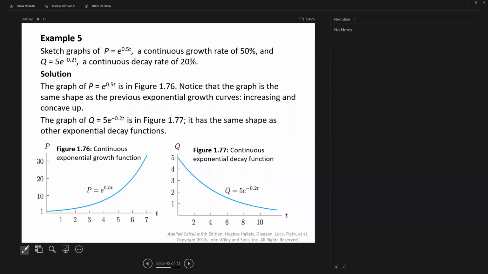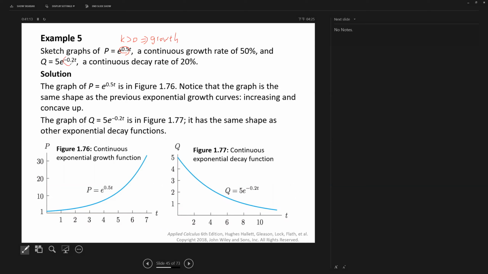All right, so here we have some quick examples on looking at graphs and sketching graphs. Sketch the graphs of P equals e to the power of 0.5t, which is growth, and Q equals 5 times e to the negative 2t. Before looking at the graph, if this value k is positive, it means it's growth.